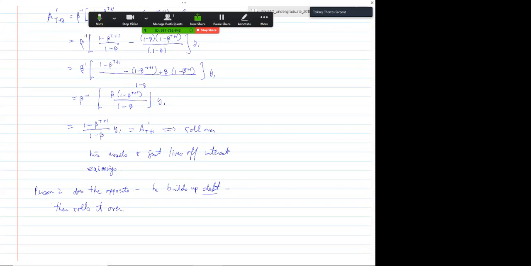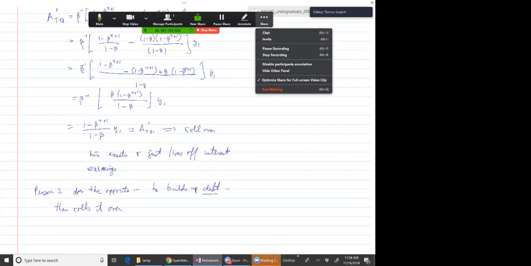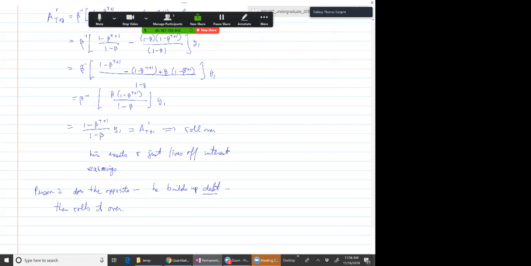So person 2 is going to do just the opposite. This is a nice example that pulls out more of the structure of the competitive equilibrium that we did this year in the special case of beta R equals 1.